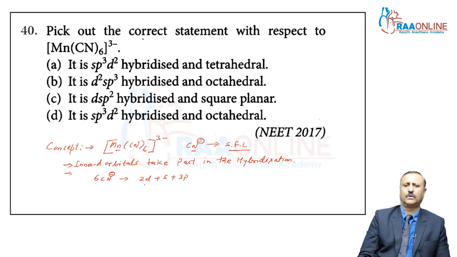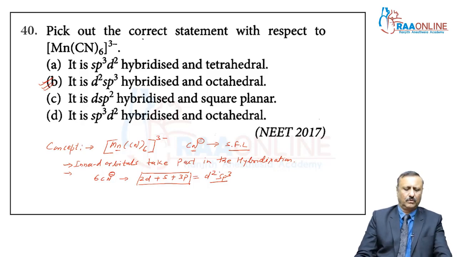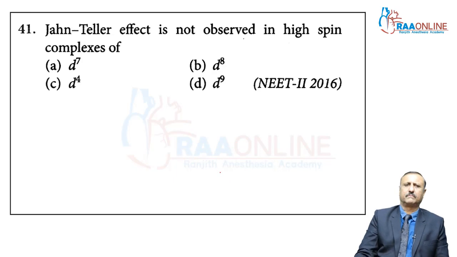These are 3, 4, 5, 6. These different energy level orbitals are mixed together, and my dear students, they form orbitals of the same energy level, and it is called d2sp3. So my dear students, you can see d2sp3 hybridization is present in [Mn(CN)6]3-. Now, we can go to question number 41.